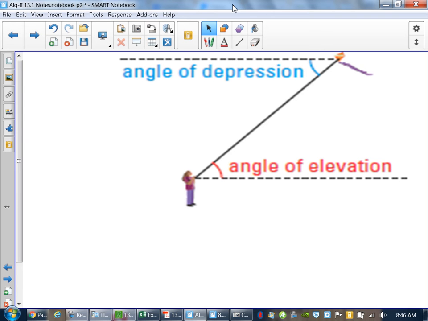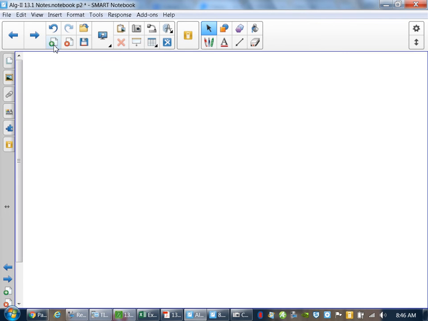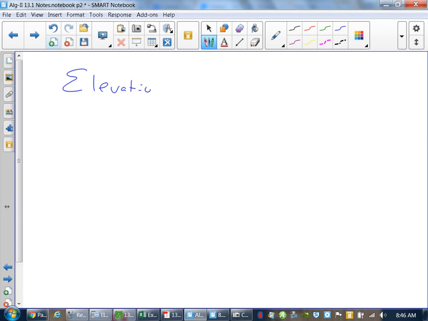So remember, angle of elevation. Think of it this way: it is line of sight looking up.